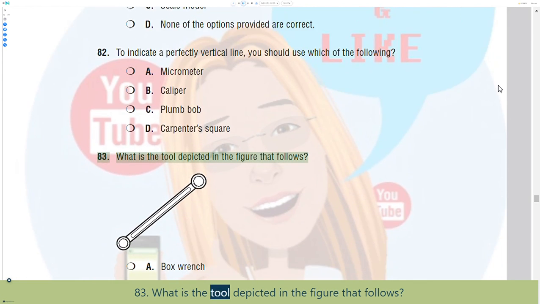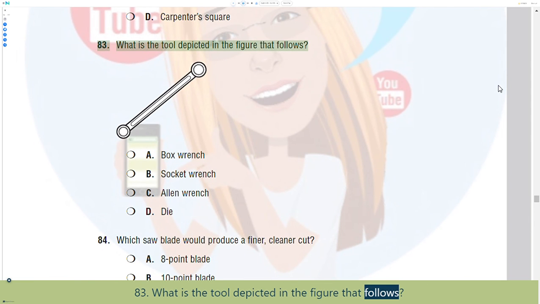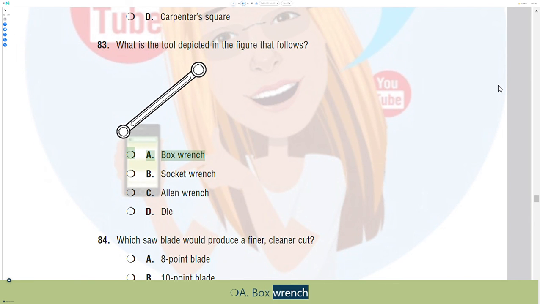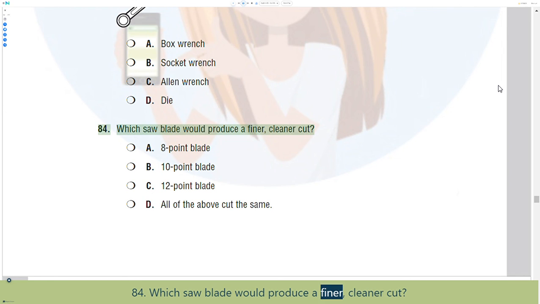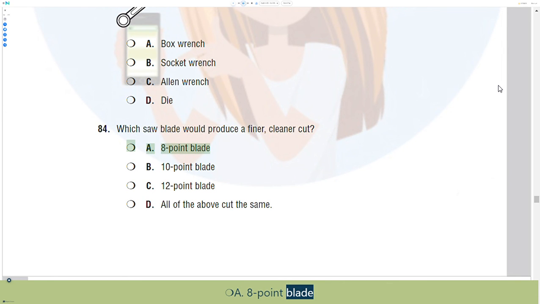83. What is the tool depicted in the figure that follows? A. Box wrench. B. Socket wrench. C. Allen wrench. D. Die. 84. Which saw blade would produce a finer, cleaner cut? A. 8-point blade.